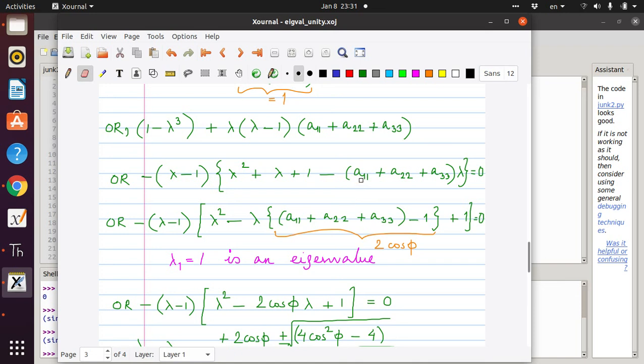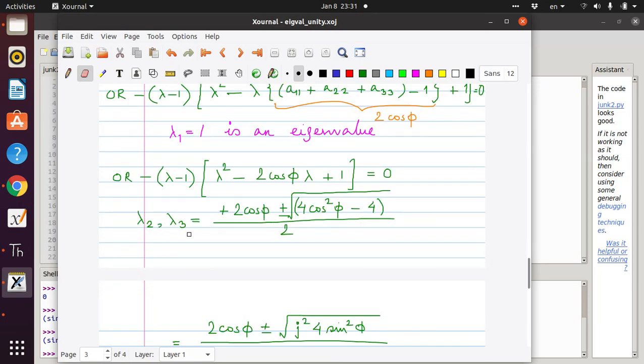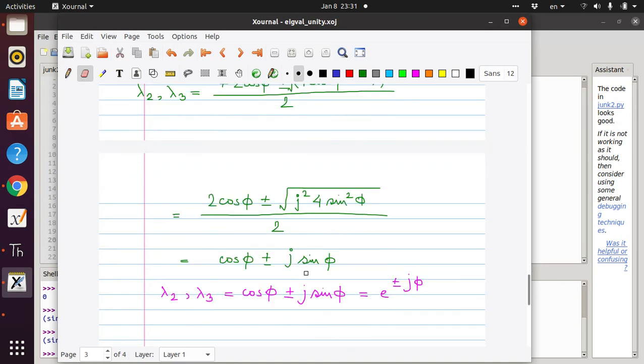And if you take this term as, so you take lambda square, then minus lambda, you include this as minus 1 and this, and plus 1, this plus 1 here, and you take this group of terms as 2 cos phi, then this becomes lambda square minus 2 cos phi lambda plus 1, and the other two eigenvalues are this, that means cos phi plus minus j sin phi, or e to the power plus minus j phi.